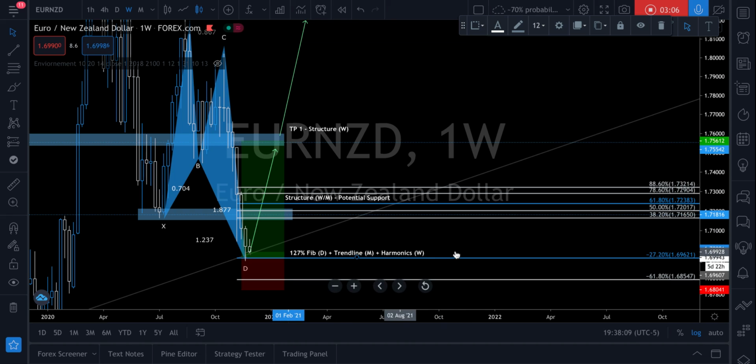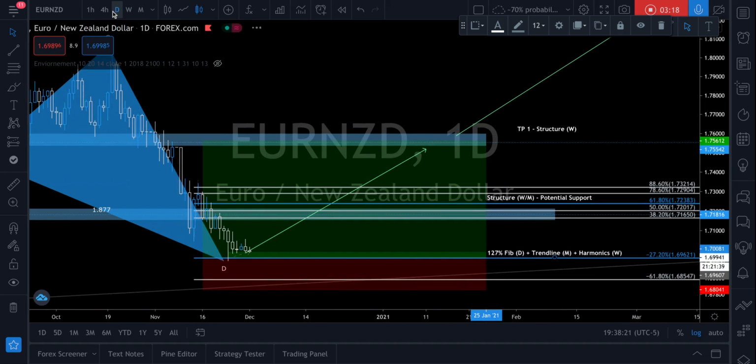You can see we have three really solid pieces of confluence indicating that this is an extremely valid setup. What we're waiting on specifically is structure to give us the indication that it's ready to reverse, so we can start looking for some buying opportunities.